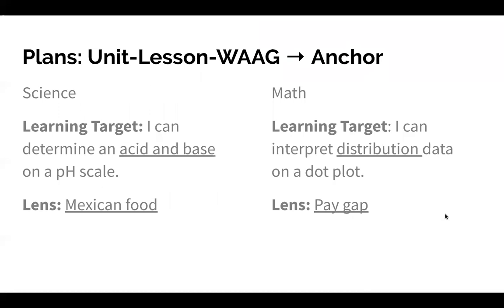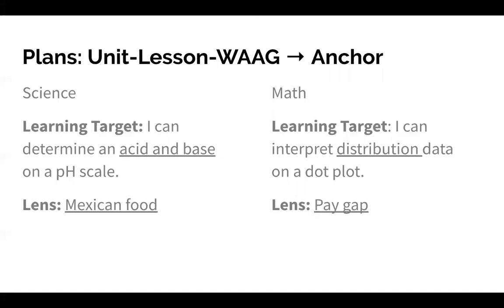Okay, so for today, the science and math are what we're going to focus on. Similar to ELA and social studies, we look at the learning target. In science, it happened to be determining acids and bases in the pH scale. So we were thinking last week that we might do like a Mexican focus.